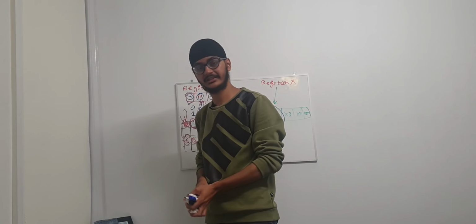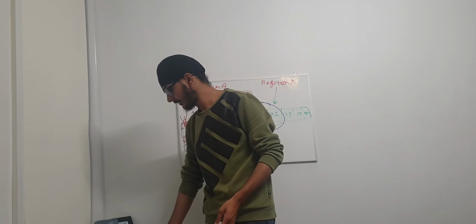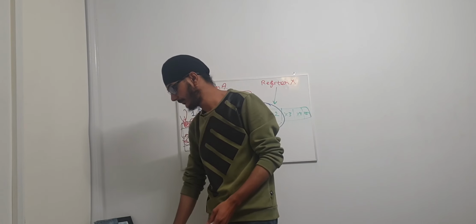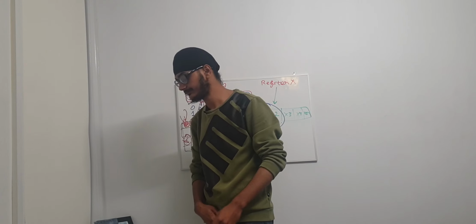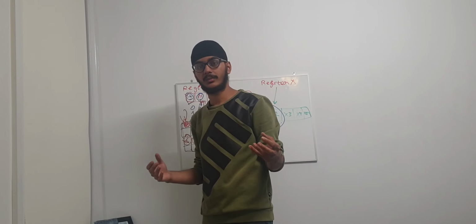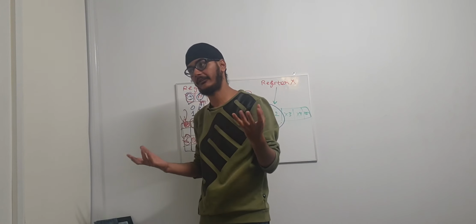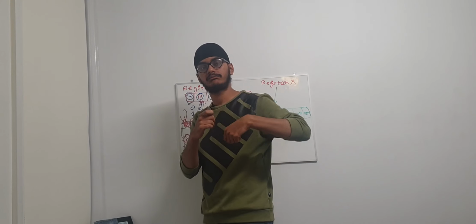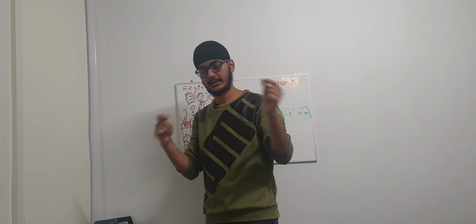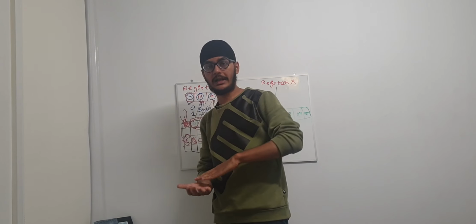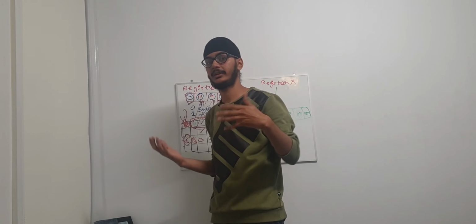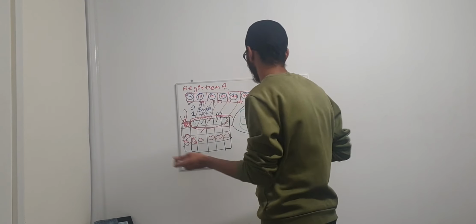In the next videos, I will be discussing more about the computer architecture, and also about the different operations that we can perform to manipulate data, add, subtract, and other things at a very low level. It's not like the C language.